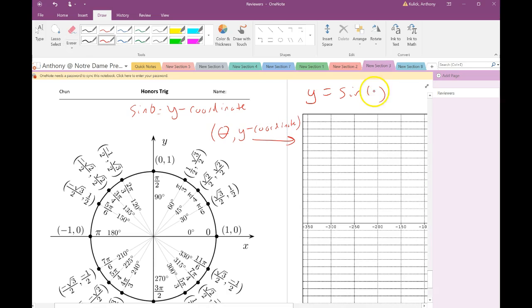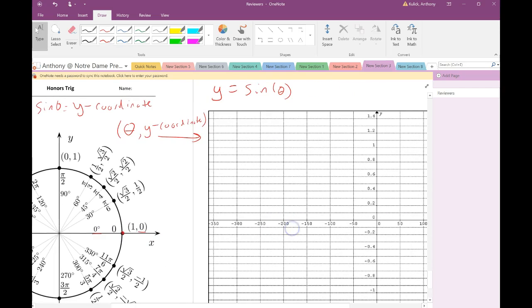And maybe instead of x, we'll call that theta. Everybody okay with that idea? So the first value on my unit circle is 0, and the y coordinate there is 0. So I'm going to plot the point 0, 0. The next value on my unit circle is 30, and the y coordinate there is a half. So I'm going to plot 30 and then a half, which is probably in that neck of the woods.